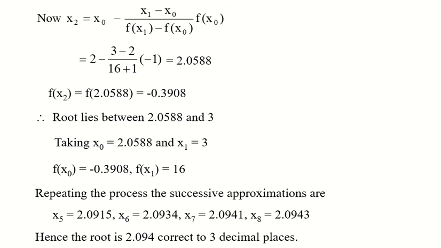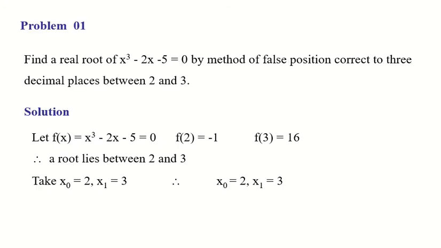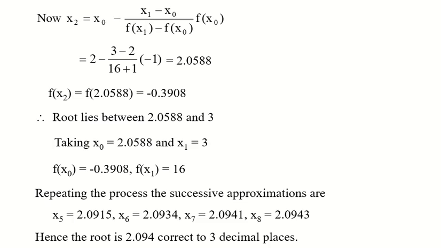Once you have calculated x2, you find what f(x2) is. You have what f is here, right? f(x) is x³ − 2x − 5 = 0. So calculate f(x2). f(x2) is f(2.0588).